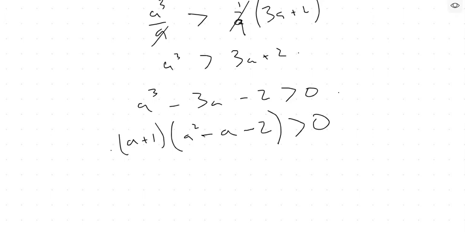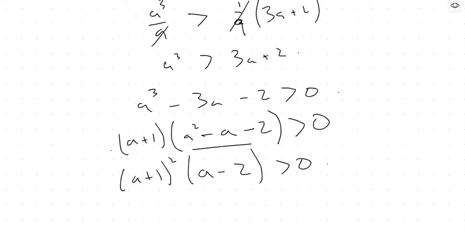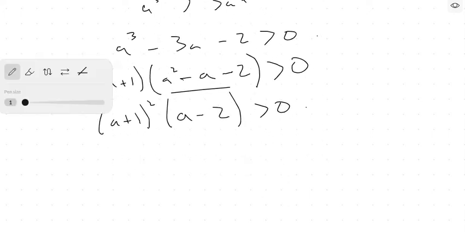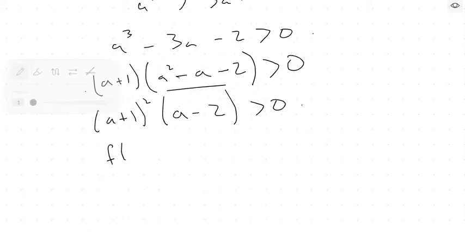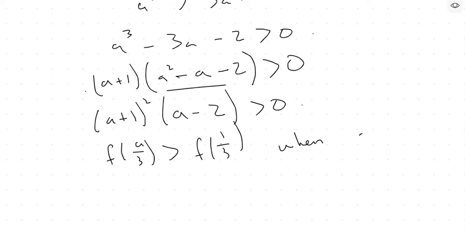So a factor of this, I think minus 1 again? Yeah, minus 1 again. So a plus 1 squared, and then it must be a minus 2. So f of a over 3 is greater than f of minus a third when a is bigger than 2, which is this condition here.